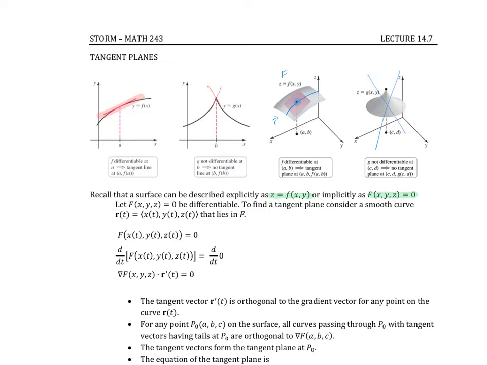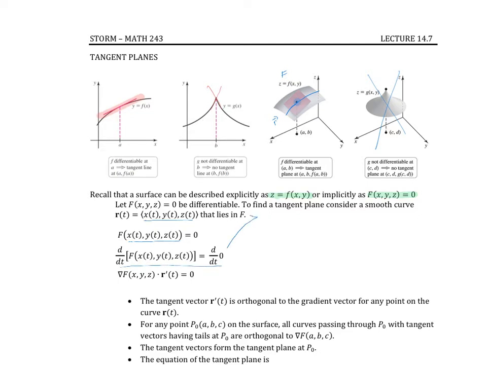Notice that R is a function of x, y, z, where x, y, and z are functions of t. So we're writing R in vector form with the parameter t. In my implicit form, that then becomes f of x of t, y of t, and z of t, which is equal to 0.